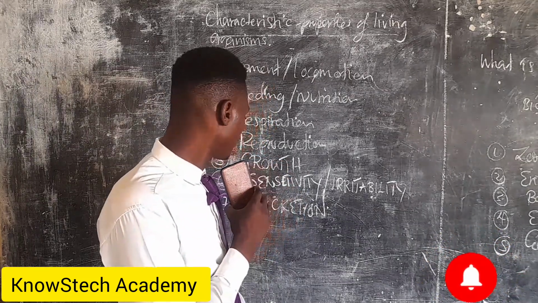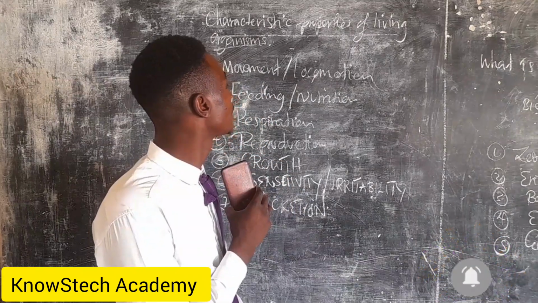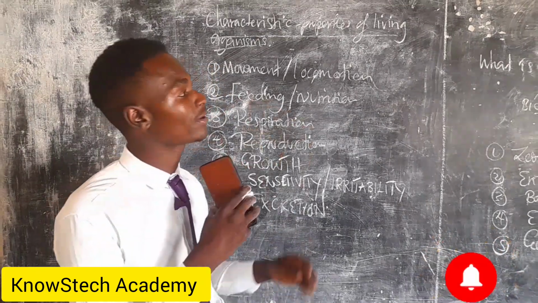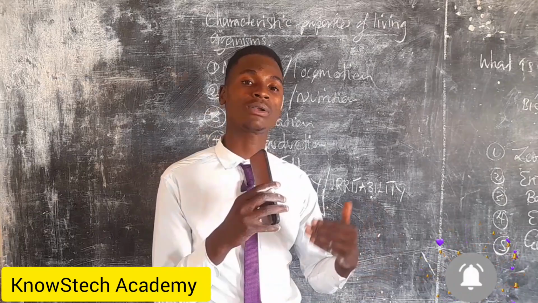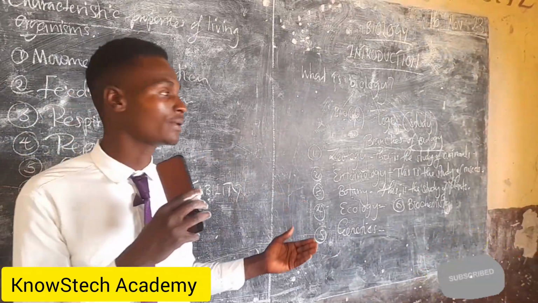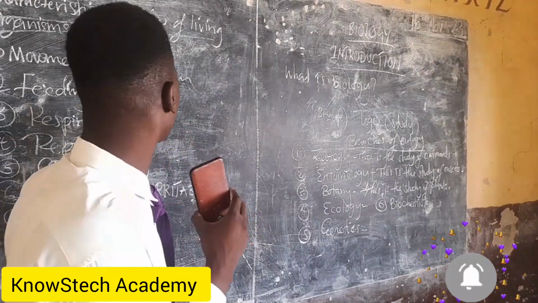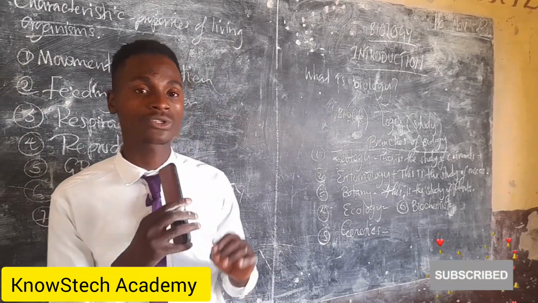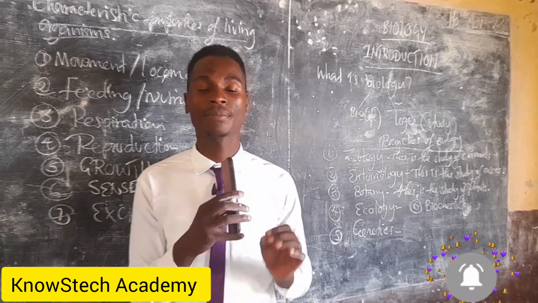Now, we don't want to make this video too long. We'll end here. Remember what we've covered: the definition of biology, the branches of biology, and the characteristics of living organisms. I would urge you to study.